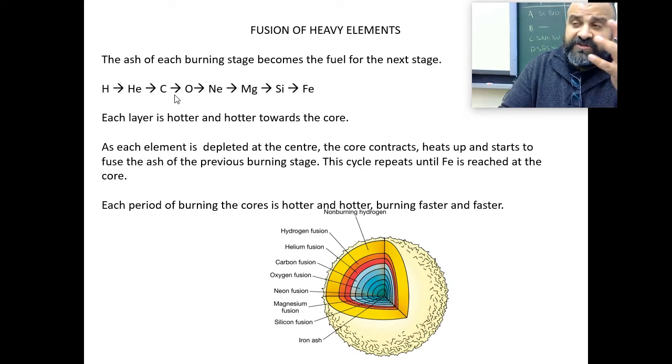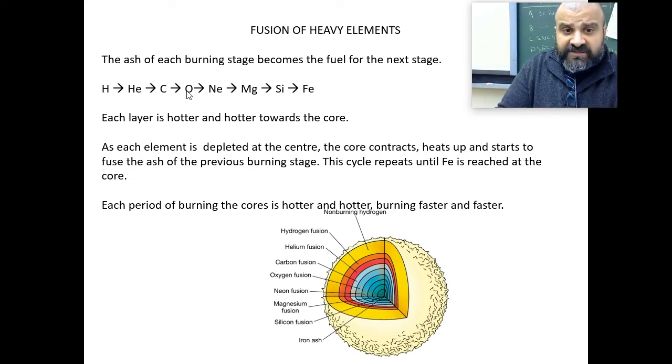It's not hot enough to fuse carbon, the core collapses, gets hot, carbon fuses into oxygen. The oxygen core collapses, gets hot, oxygen fuses into neon, then magnesium, then sulfur and iron. So each layer getting towards the core is hotter and hotter.